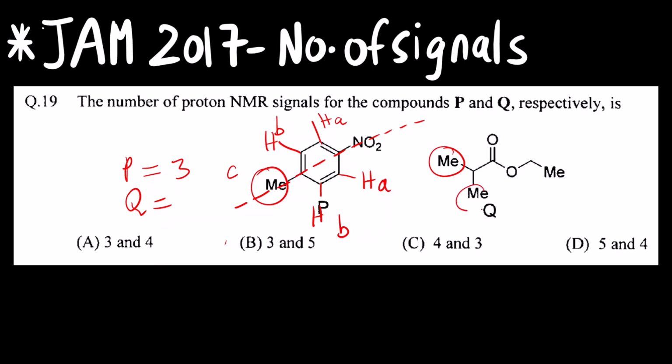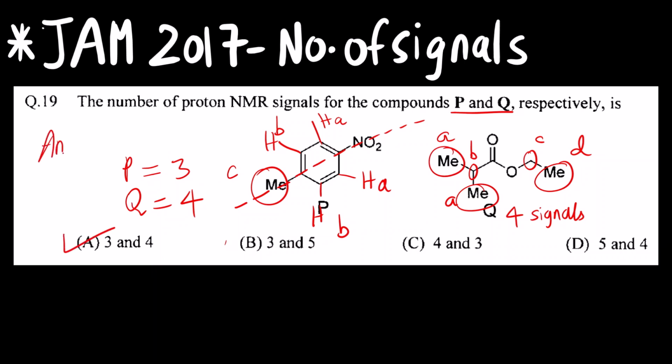No. These 2 methyls are in the same environment, attached to CH. This CH will be B, this will give C, and this will be D. So in total there are 4 signals. The question asked is P and Q respectively. P is 3, Q is 4. The answer will be A, 3 and 4 respectively.